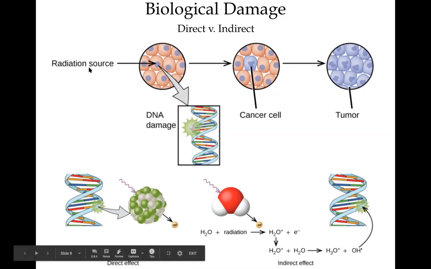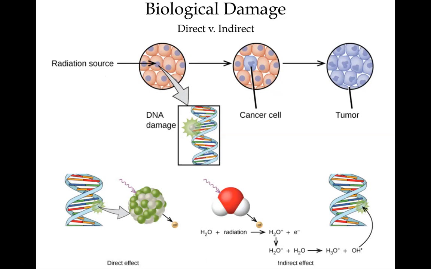Let's say it's UVB, or UV that's kind of approaching that ionizing area on the spectrum, and it zaps your DNA in your cell and causes a double strand break, or it ionizes the molecules in that DNA, causing free radicals.